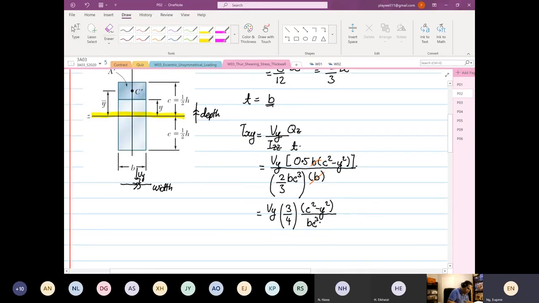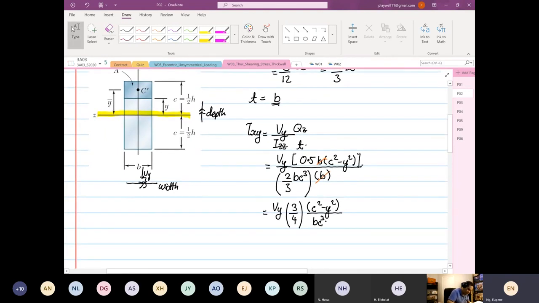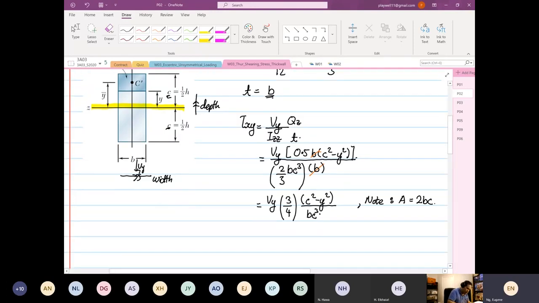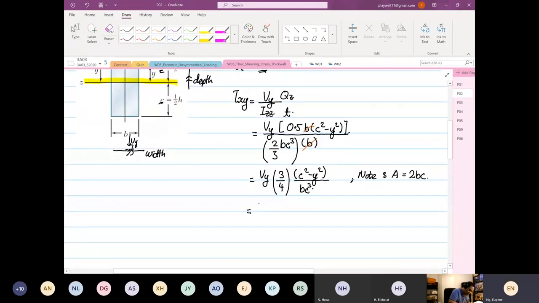Based on observation, we are also aware that the area of the cross section is equal to 2BC, because you have 2C multiplied by B. So I'm going to cook up the equation. I'll still have 3, and it's still C squared minus Y squared.